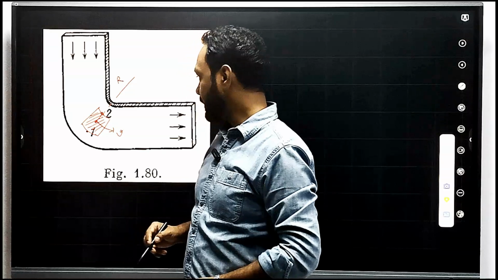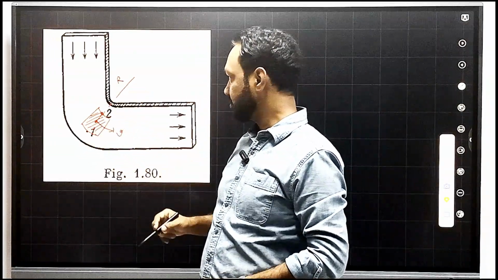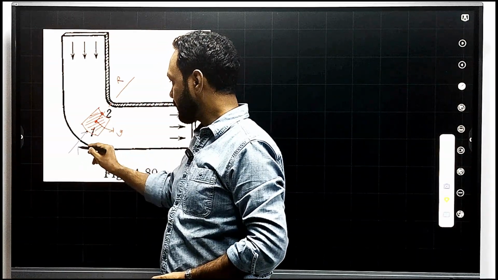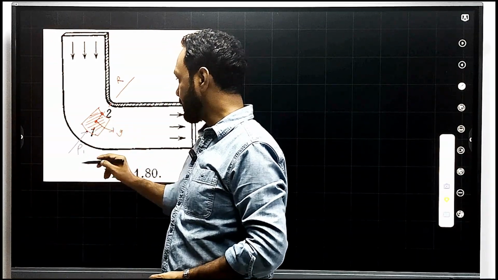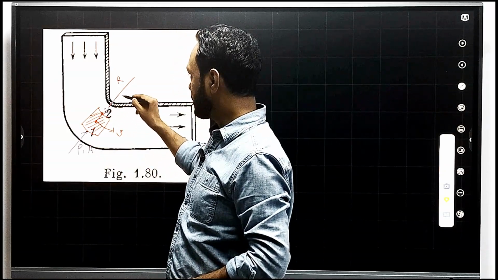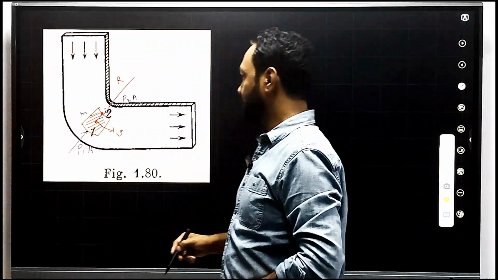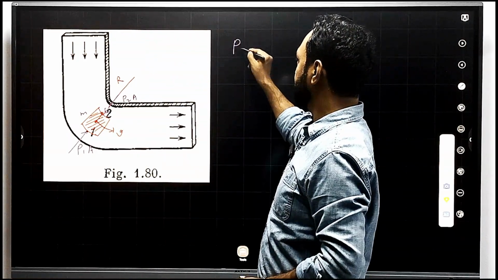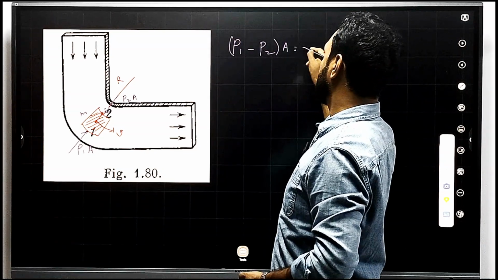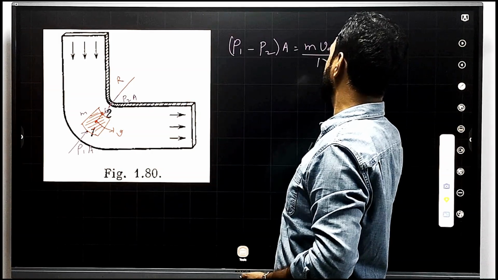So suppose pressure at 1 is P1, pressure at 2 is P2. So by virtue of the pressure, here the force will be P1. Suppose the section area I have taken is A, so that is P1A, and here that is P2A, and if the mass of this part is m, we can simply write the equation of motion: (P1 minus P2) A is equal to m V average square divided by RC.